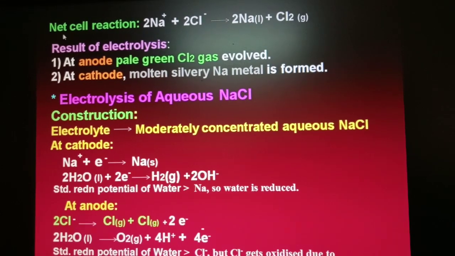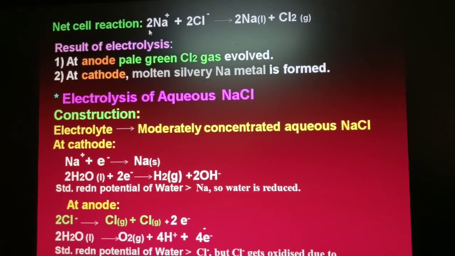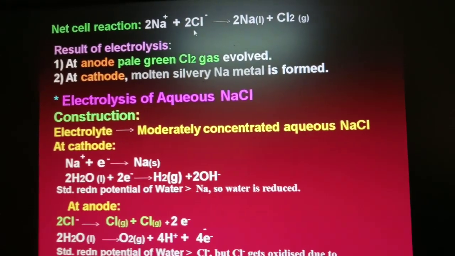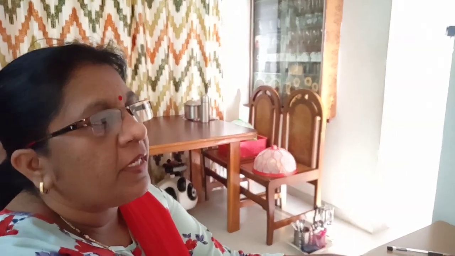The net cell reaction can be represented as 2Na plus plus 2Cl minus gives 2Na liquid plus Cl2 gas. Results of electrolysis: at the anode pale green chlorine gas is evolved, whereas at the cathode molten silvery sodium metal is formed.